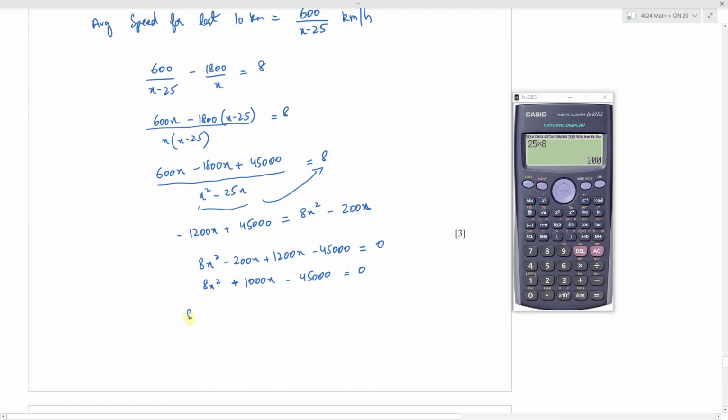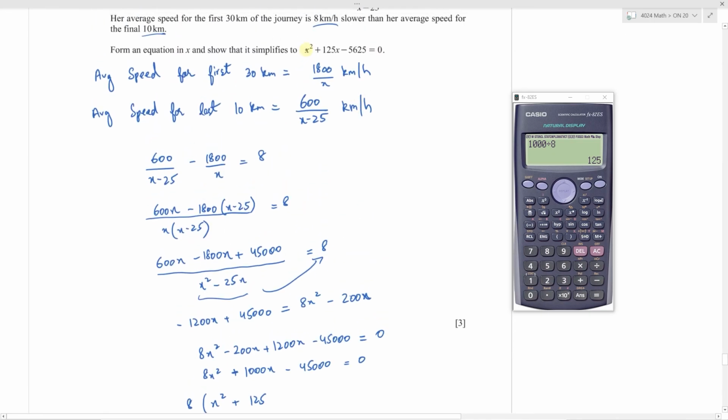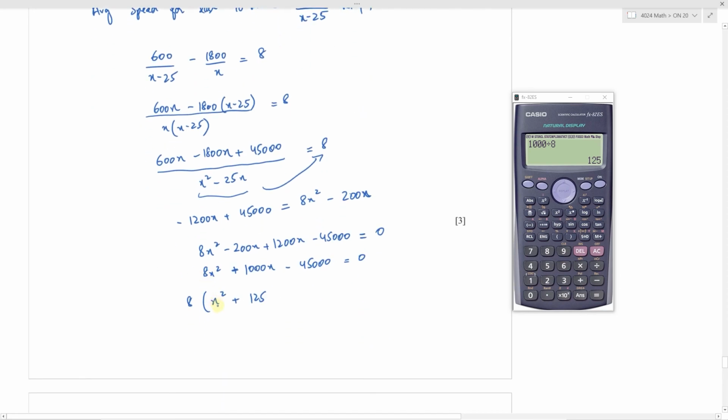Now, if I take 8 common, I'll be left with x squared plus 1000 divided by 8 is 125. I took 8 common because in the given equation, the coefficient of x squared is 1 here. So I took 8 common, I'm left with x squared, 125x, and 45,000 divided by 8 minus 5625.